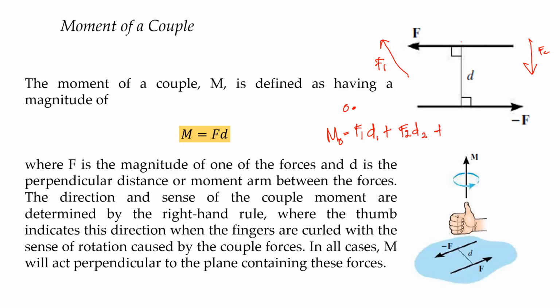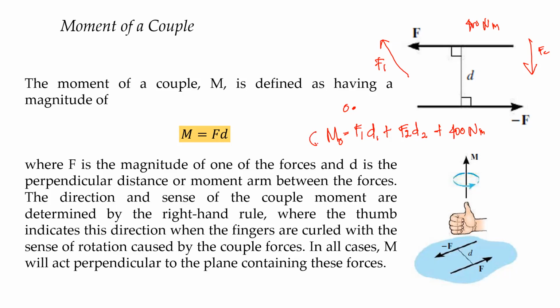Usually for our couple, it is given a certain value, let us say 400 Newton meter. So you just add 400 Newton meter here.